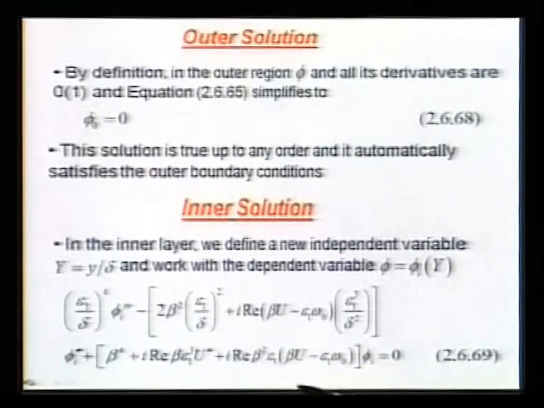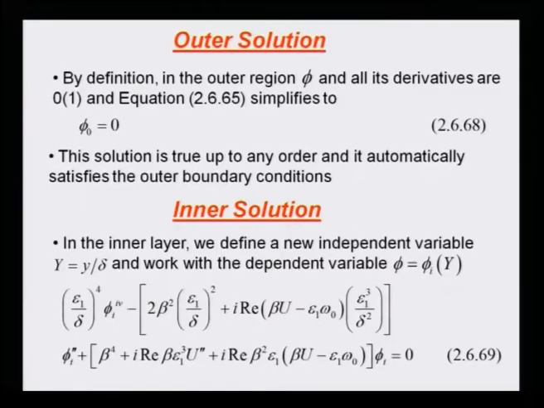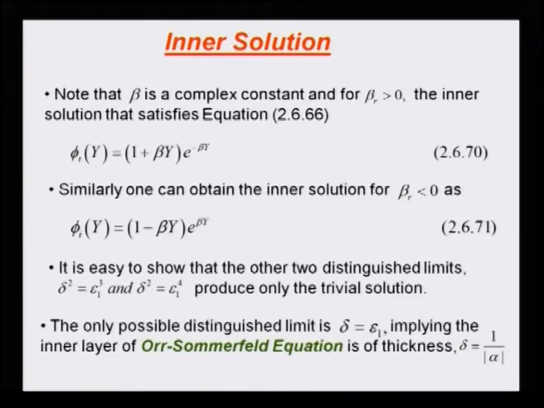We can investigate that. I will not do it. I will leave it for you to explore and see that they do not produce non-trivial solution. Okay. So the only distinguished limit that we can talk of is essentially delta equal to epsilon 1, and the solutions are as given here.